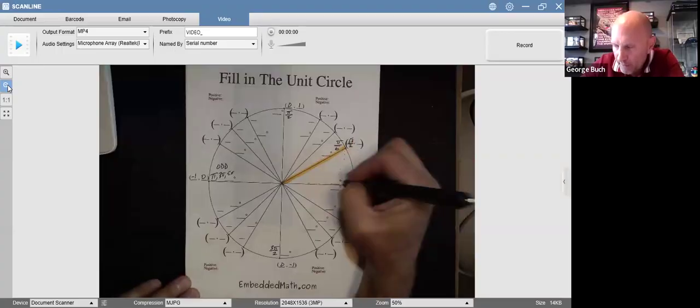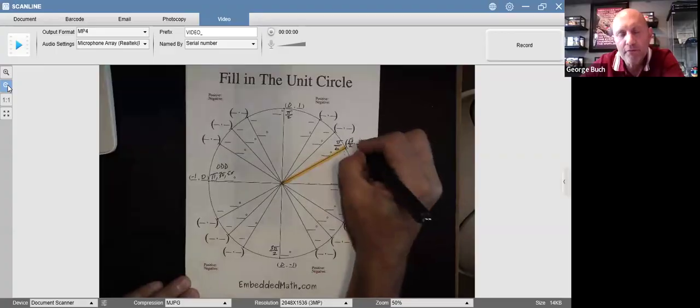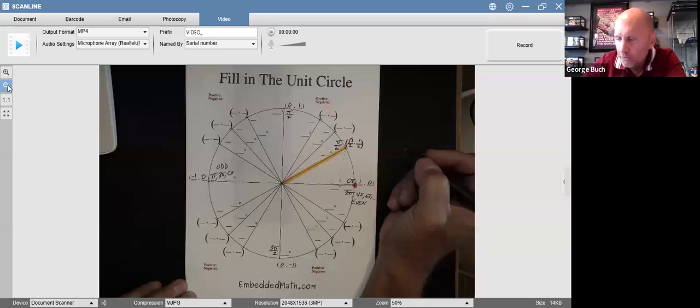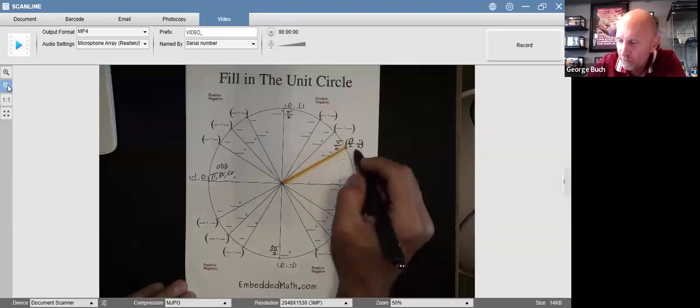And the height that I came up to get to this point would be 1/2. And so if I move a distance of pi over 6, the coordinates, the terminal point, the xy values are root 3 over 2 and 1/2.